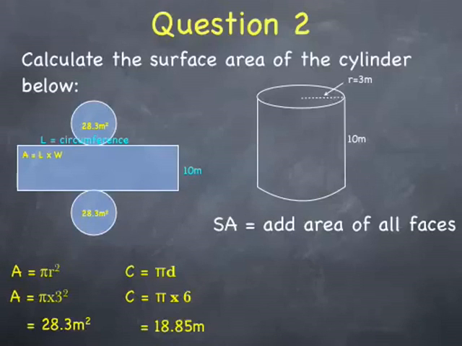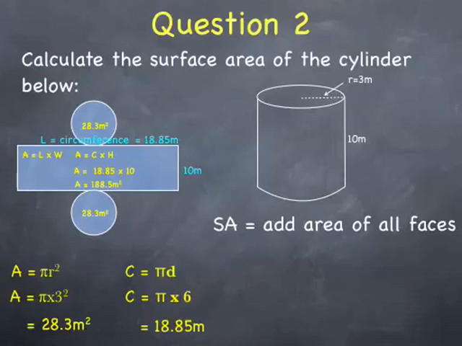So the circumference is 18.85, so our length is 18.85. And now we have the numbers we need. So the area equals circumference times the height of the cylinder, 18.85 times 10, 188.5 square metres.